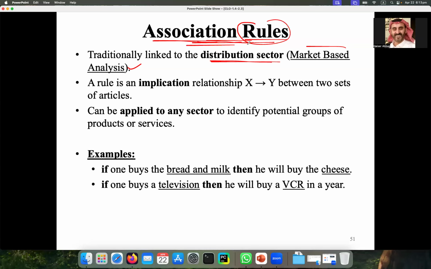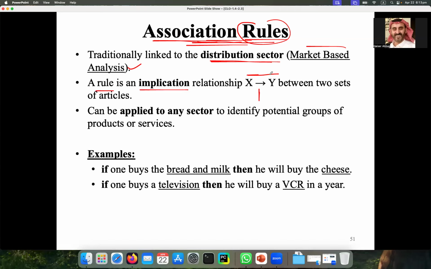Here in association rules, this rule is a kind of implication. And in mathematics, what is implication? When something implies something, this is called implication. So if you write X implies Y, this arrow means implies.